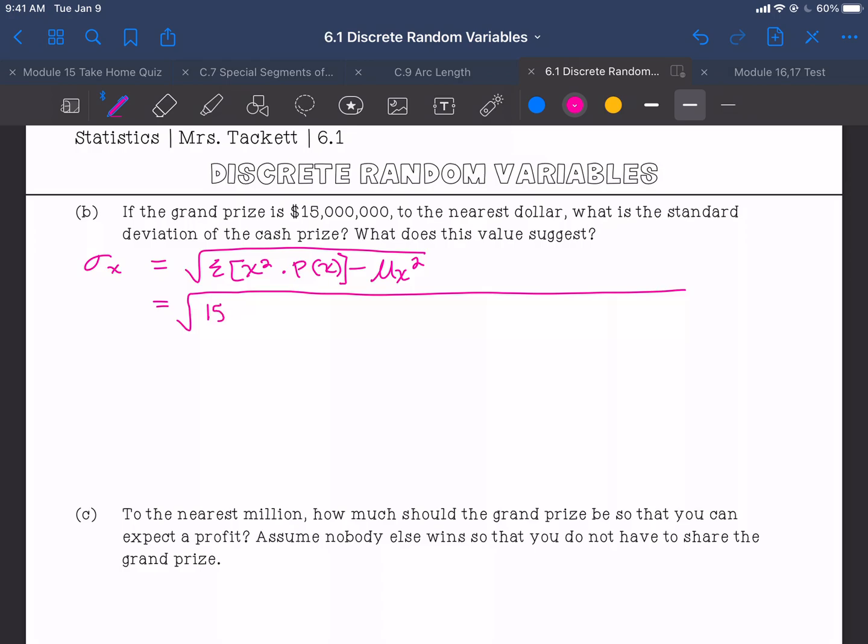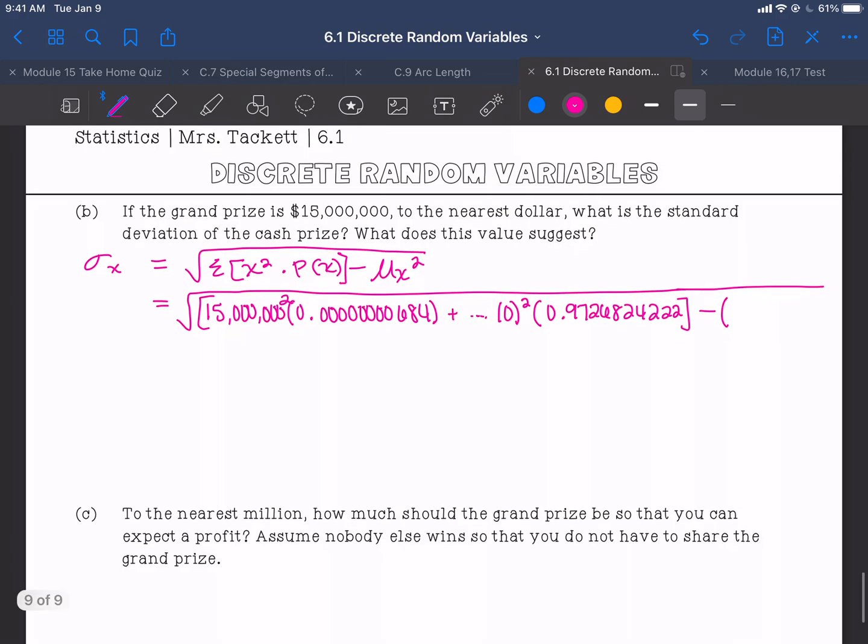So we're really taking the 15 million squared times that probability of 0.12345678684, plus, and you're going to do that for all of them, so then it goes up to 0 squared times the 0.972682422, and then you're going to subtract our mean squared.